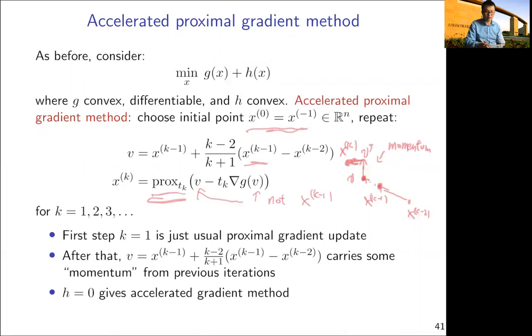This view of momentum is a justification for a lot of the modern deep learning optimizers that make use of momentum to try to speed up the convergence of the algorithm in practice. But it is to be noted that this technique is shown to work more or less only for convex optimization problems. The benefit of momentum in solving non-convex optimization problems is really unclear, and it hasn't been clearly shown to be effective in the non-convex case, at least theoretically.